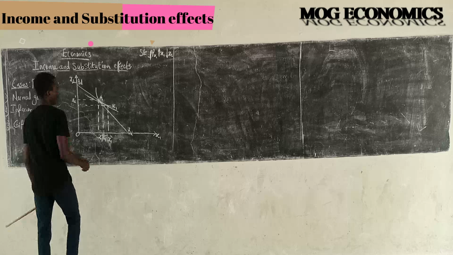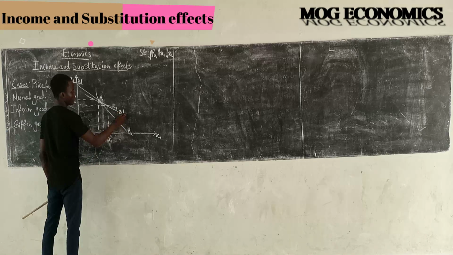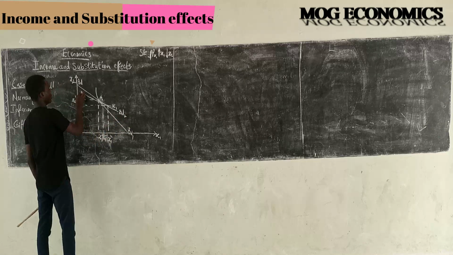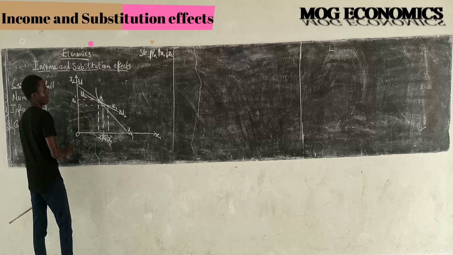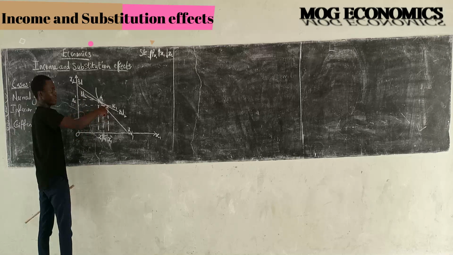Okay, so we have a new budget line, which is this BD2. So this new budget line that we sketch is tangential to the old indifference curve.